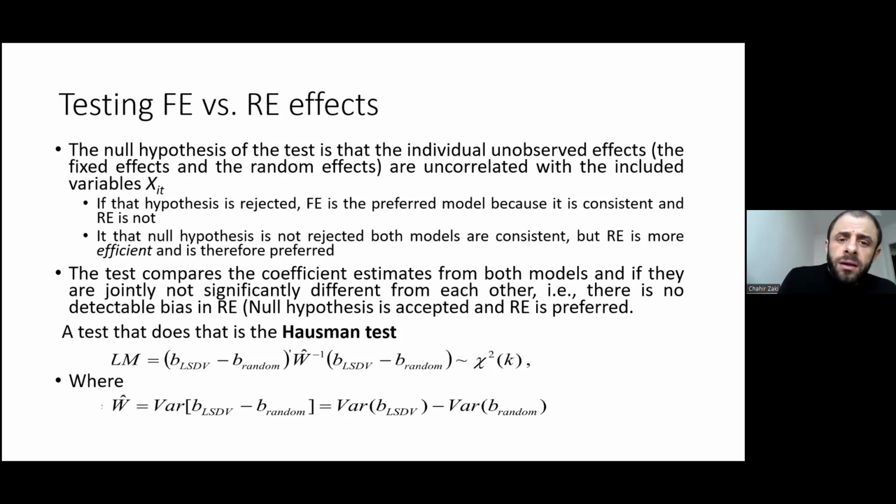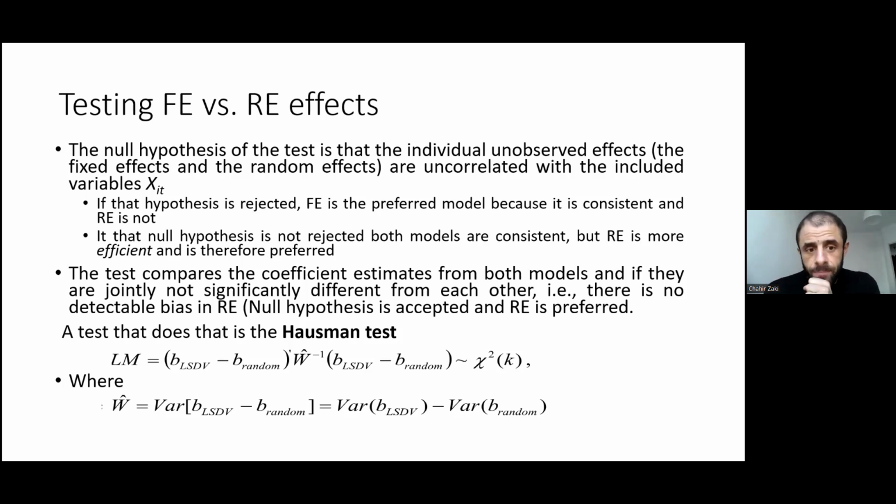If that's my null hypothesis, so if I assume that the individual effects are not correlated with the explanatory variables, and I do not reject this hypothesis, this means that I can use the random effects. So, sorry, the null hypothesis is that they are uncorrelated. If I reject this hypothesis, this means that they are correlated. And if they are correlated, this means that I cannot use the random effects, but I have to use the fixed effects.